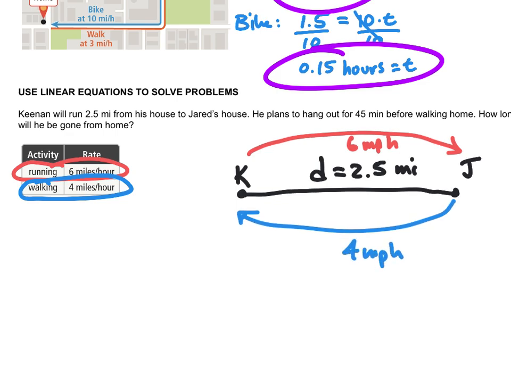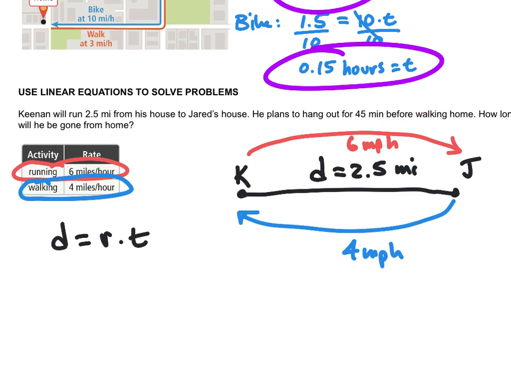Again, I'm going to use the distance equals rate times time formula. And just to reiterate, Keenan will run 2.5 miles from his house, hang out for 45 minutes before walking home. How long will he be gone from home?